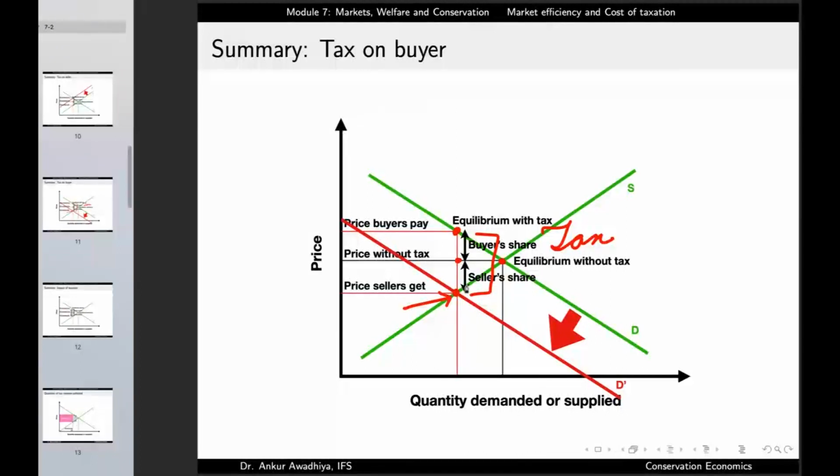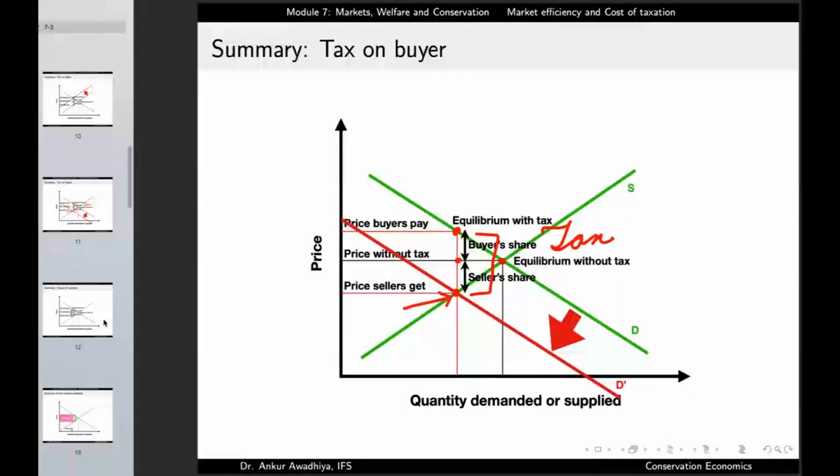With both of these, we can understand that whether a tax is imposed on the seller only or on the buyer only, the impacts are the same. The tax gets distributed between the buyer and the seller. So no matter whether the government taxes the buyer or the seller, the net result will be the same. Both will have to pay a particular share.